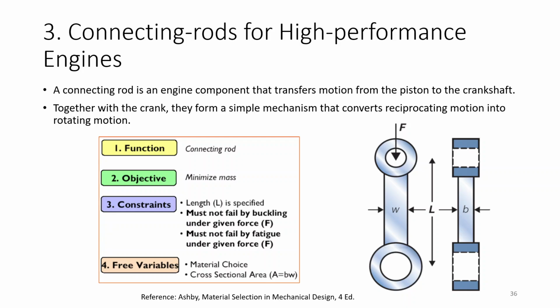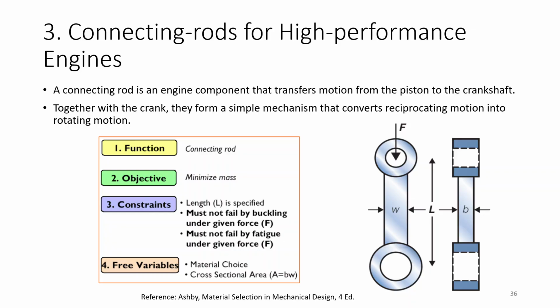Next case study is connecting rods for high performance engines. A connecting rod is an engine component which transfers motion from the piston to the crankshaft, and together with the crank they form a simple mechanism which converts reciprocating motion into rotating motion.